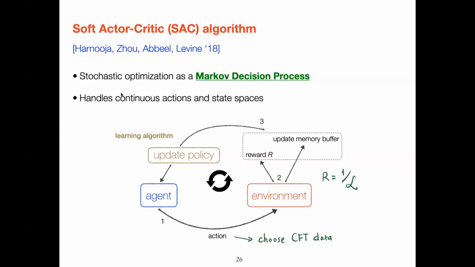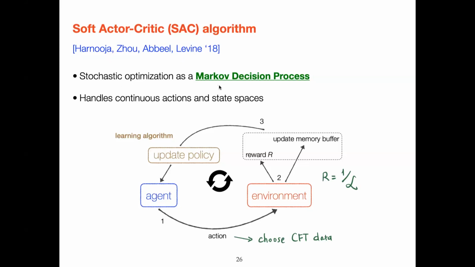In usual stochastic processes, you basically do something like a random walk. But here we have a more nuanced problem where, well, it's not a random walk, we do this stochastic motion. So we land in the landscape of CFT data and we start choosing randomly CFT data points.